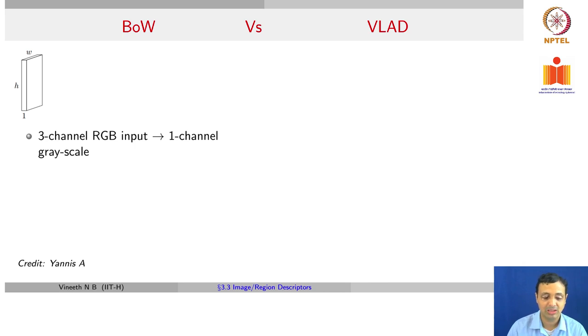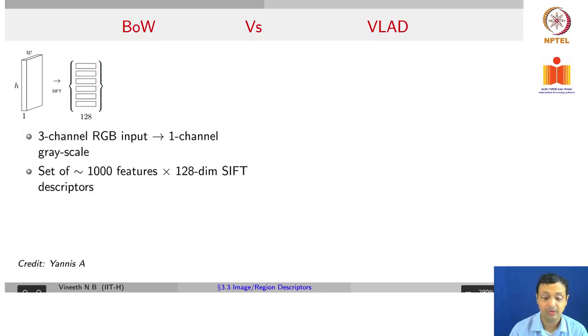If we had a bag of words representation, given a color image, which is a 3-channel RGB input, you first convert it to grayscale. You could adapt bag of words to color too, but we're just taking a simpler example here. Once you have that, you get a set of say 1000 key points, and you convert that to 128-dimensional SIFT descriptors for each of those 1000 key points.